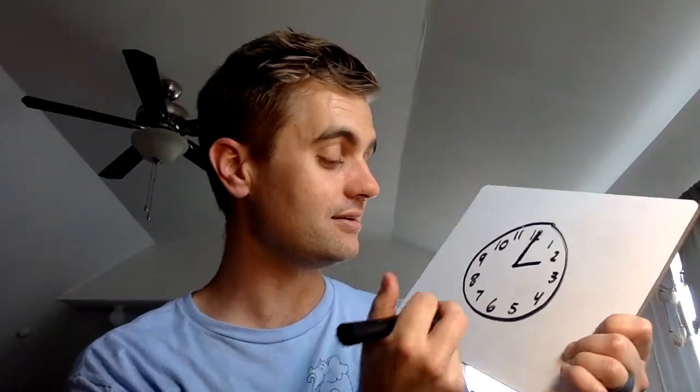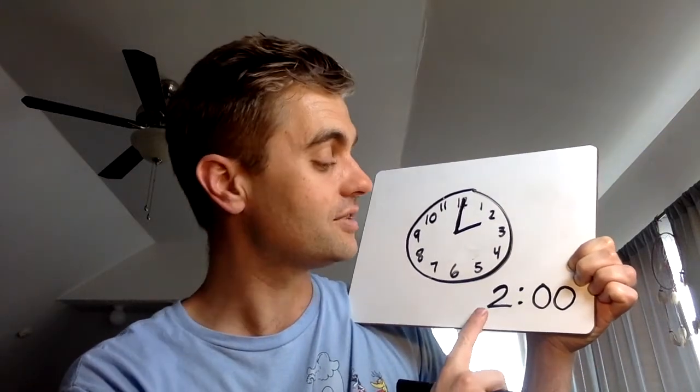Now we need to write the time in a digital form. So we know that the hour is 2, and I need my 2 dots in the middle. Now do you remember how to write o'clock? To write o'clock, we write 0, 0. And now we have the time, 2 o'clock.